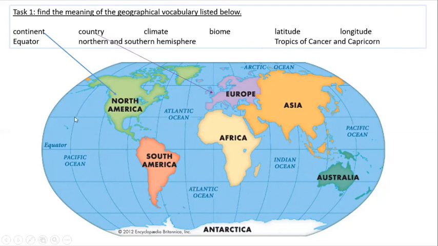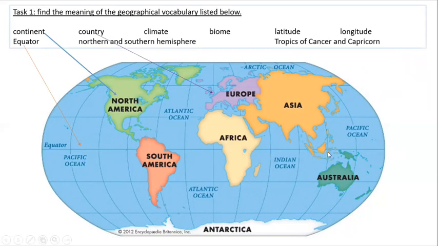Now, the way that we think about the positioning on Earth is we have the equator. Now, the equator, as you can see here, if you follow my arrow, is this invisible line that goes right around the Earth here. And the equator is the hottest part on the Earth.